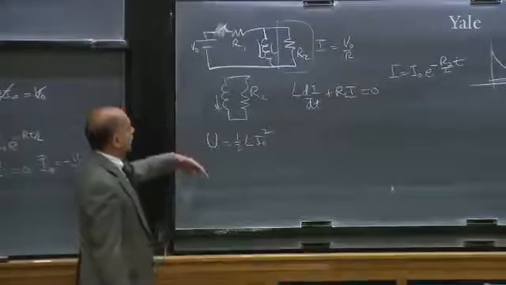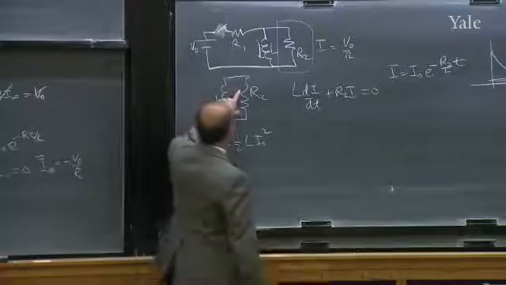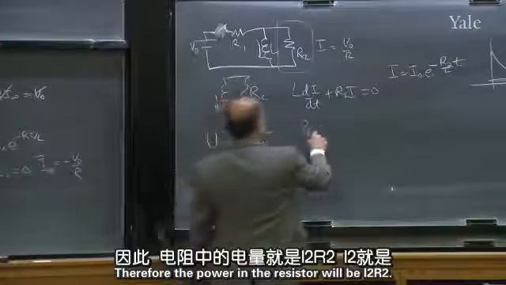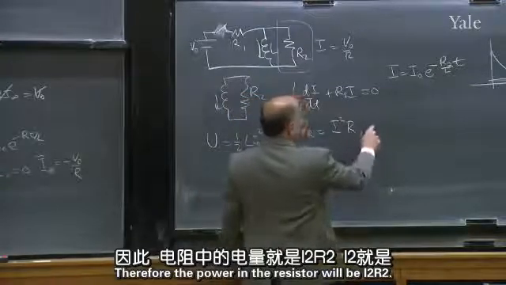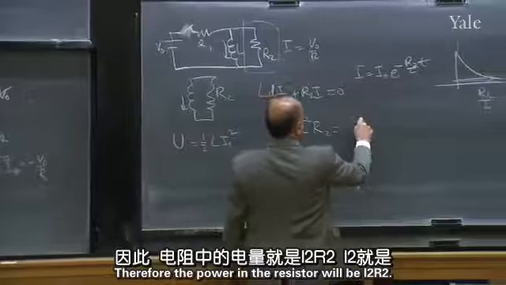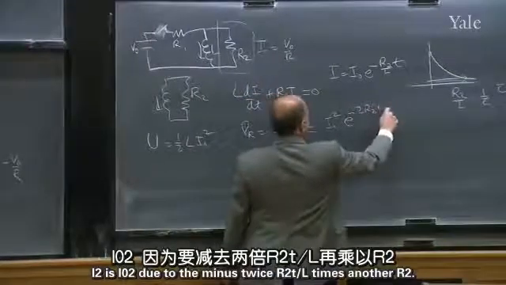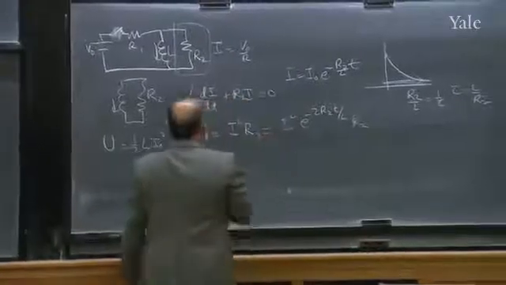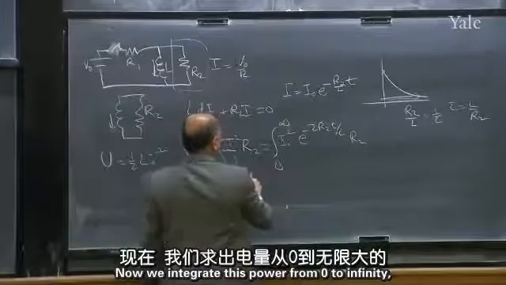There's a current in the circuit, and when the current is flowing in the circuit, it is dissipating heat in the resistor. Therefore, the power in the resistor will be I squared R2. I squared is I naught squared e to the minus twice R2 t over L, times another R2. Now we integrate this power from 0 to infinity.